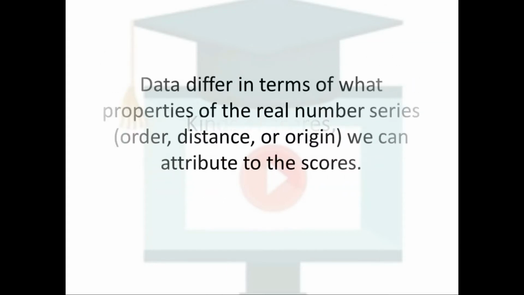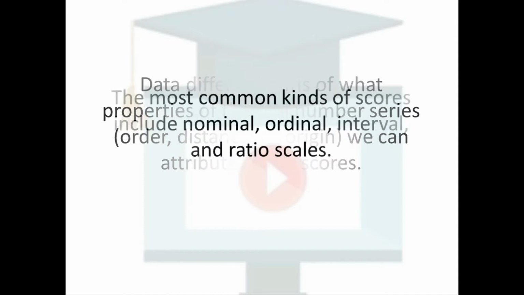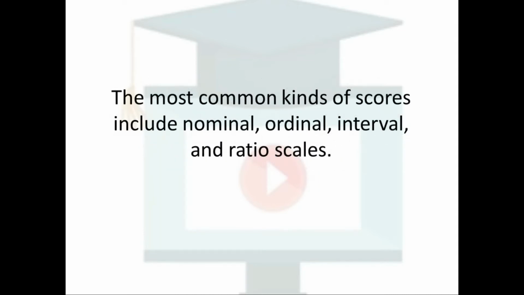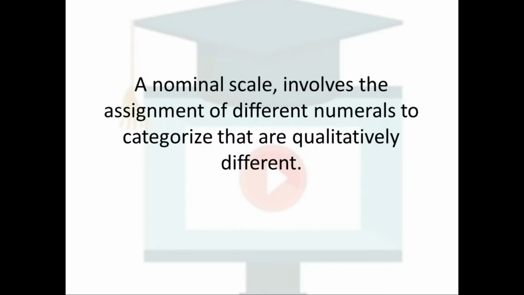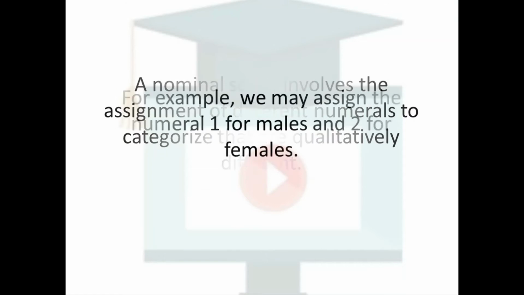Kinds of scores. Data differ in terms of what properties of the real number series (order, distance, or origin) we can attribute to the scores. The most common kinds of scores include nominal, ordinal, interval, and ratio scales. A nominal scale involves the assignment of different numerals to categories that are qualitatively different.